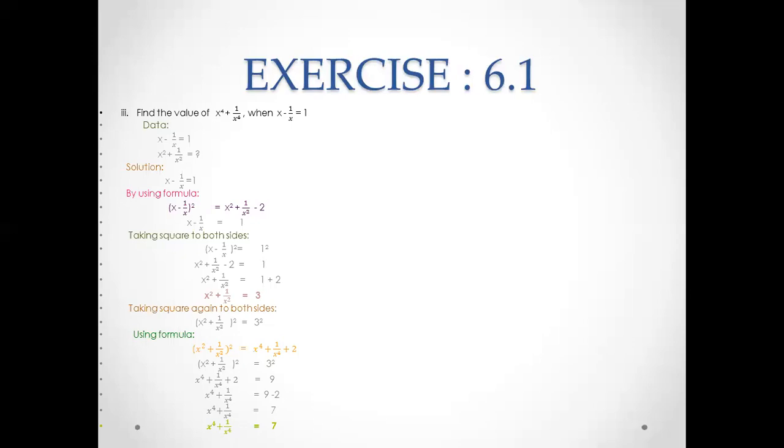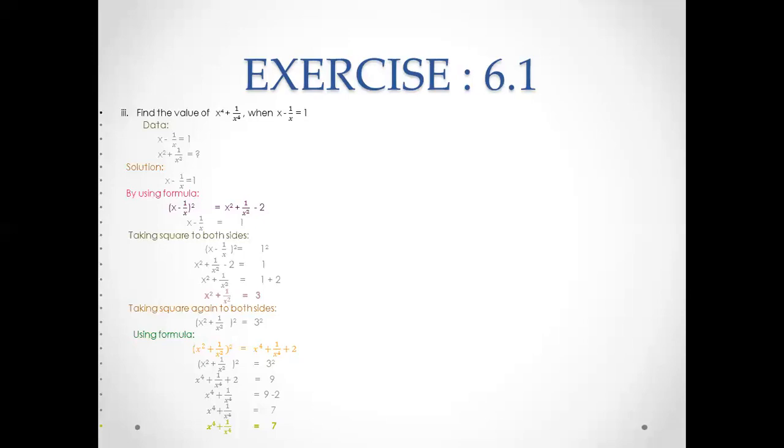When we write the formula, x² + 1/x² − 2 is equal to 1. The square of 1 is always 1. Then we shift minus 2 to the other side, 1 plus 2, because when we change the side of 2, the sign will also be changed. Now we have x² + 1/x² is equal to 3.